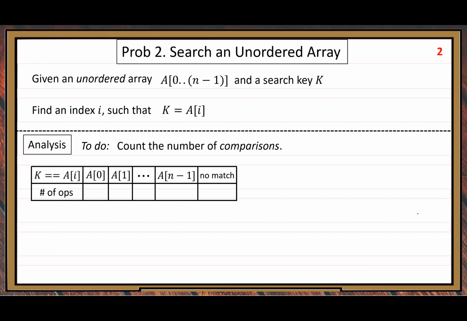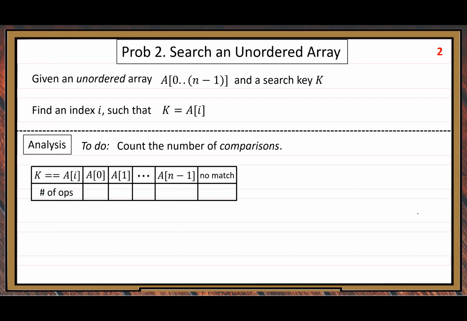Look at the given key. The key equals one of the elements in the given array, or the last case, no match. So we consider those n+1 cases. The total is n+1 cases.